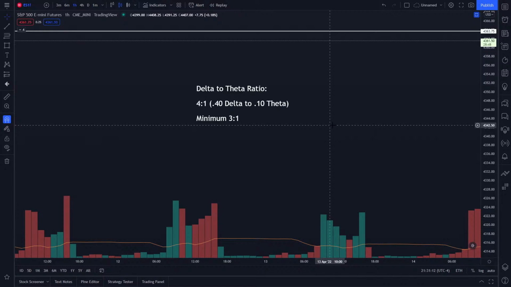Minimum is going to be 3-to-1 ratio. The best is 5-to-1. It's pretty rare to see those, but typically fantastic.